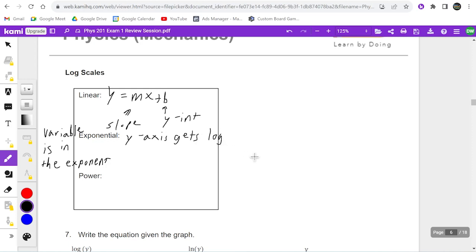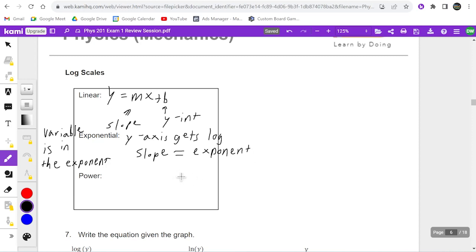Now, it doesn't matter which log it gets. Could be log 10, natural log, base 2, any log. But the y-axis gets the log. Only one of them. We call it a semilog. And then once you do that, after you take the log, the slope is going to be your exponent. The slope is your exponent.